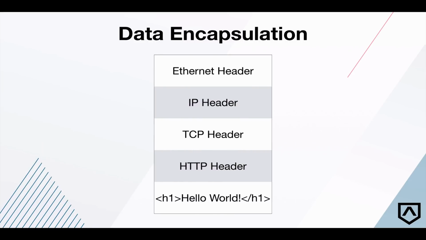What that means is, let's say we have the data we want to send at the very bottom segment of this table, just a hello world in an H1. This piece of data is going to get wrapped in different headers. Oftentimes, if we open up the network tab in a browser, you'll be able to inspect things such as an HTTP header.